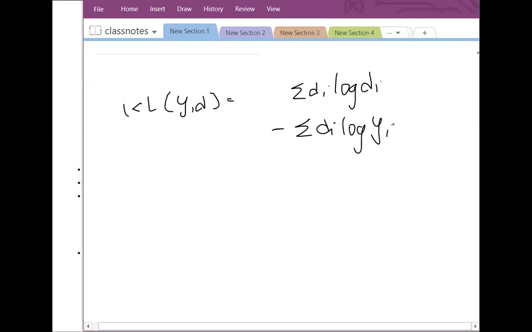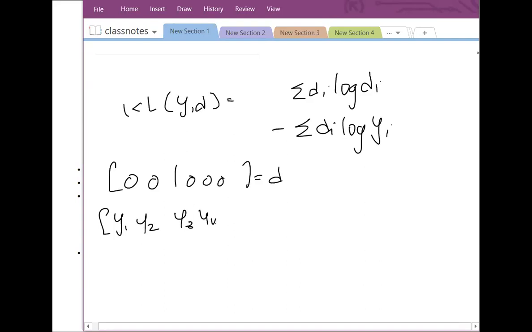Now observe how this behaves. Your desired output is going to be a one-hot vector. This is d. And your actual output is going to have this kind of structure: y1, y2, y3, y4, y5, y6. This is y. Consider the second term. You're taking each d and multiplying it by the log of the corresponding y.